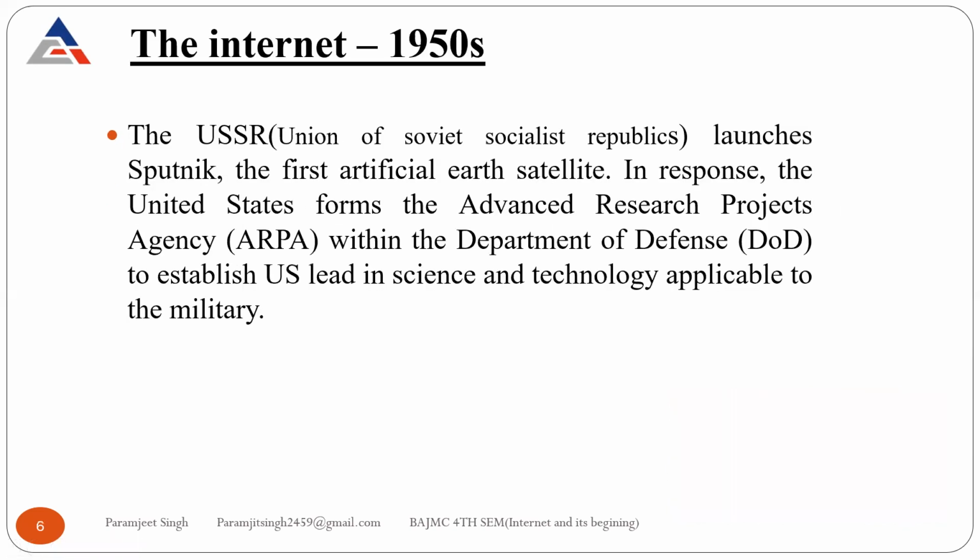Moving to the next slide, what is the internet in the 1950s? The Union of Soviet Socialist Republics launched Sputnik, the first artificial Earth satellite, and the United States, through their Advanced Research Projects Agency, worked with the Department of Defense to establish the US as a leader in science and technology applicable in the military.